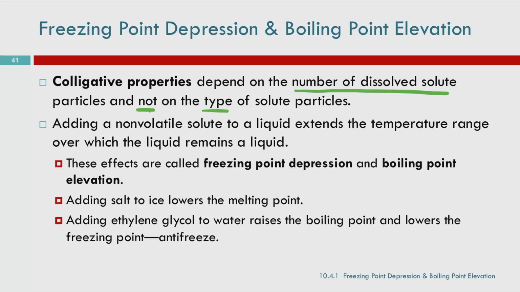The place that we often see this is when you add a non-volatile solute, like ethylene or propylene glycol, to a liquid like water. That extends the temperature range over which the liquid remains a liquid. Does anyone know what ethylene glycol is?